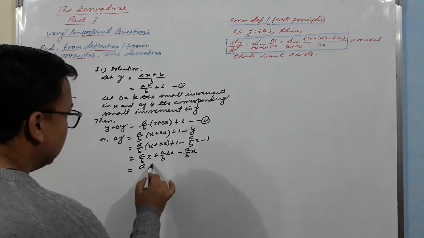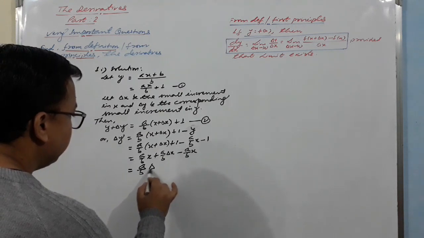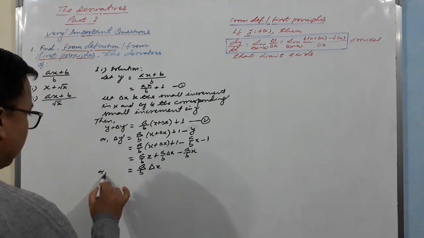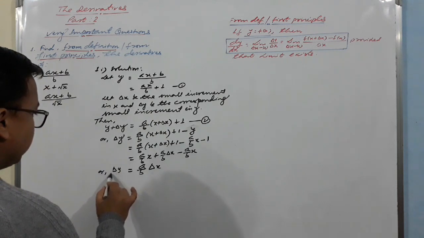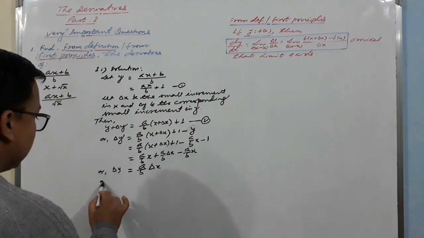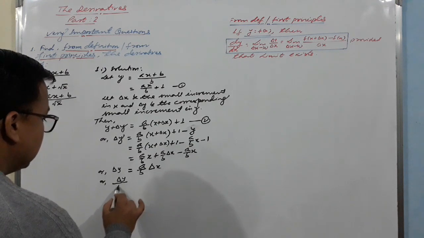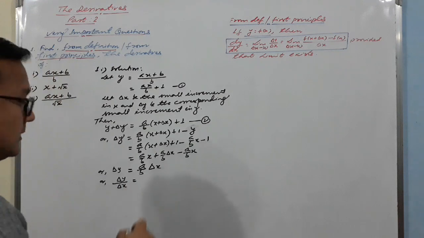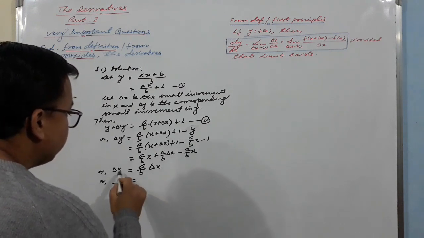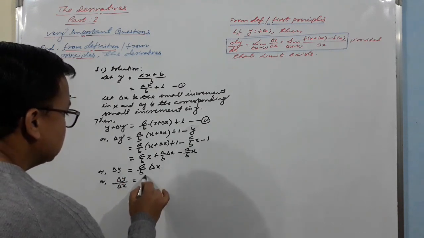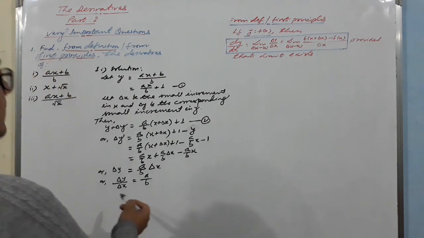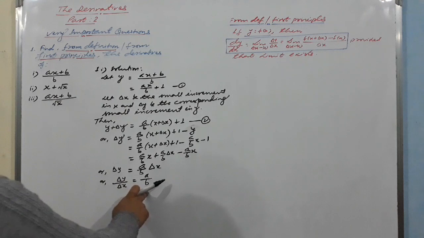We got a by b delta x. This is delta y, and in the next step, dividing by delta x, we get delta y by delta x is equal to a upon b. So we got the value of delta y by delta x is equal to a upon b.